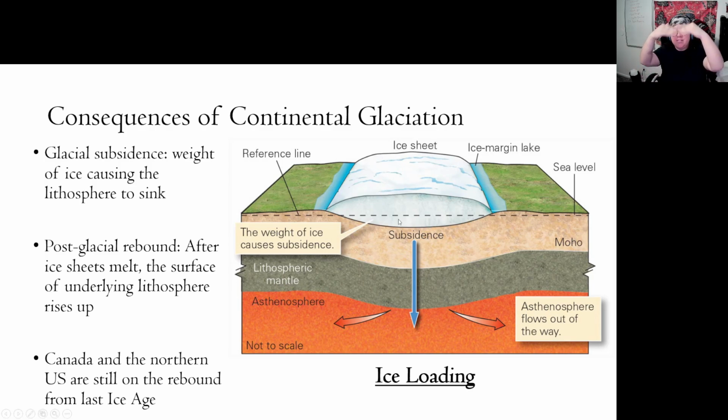So we have subsidence when we have a glacier. When the glacier melts away, our lithosphere can rebound back into place. However, this takes a long time. Like I mentioned earlier in the video, the last ice age ended around 12,000 years ago, and Canada and the northern US are still on the rebound.